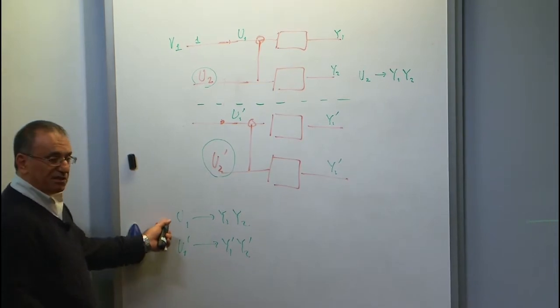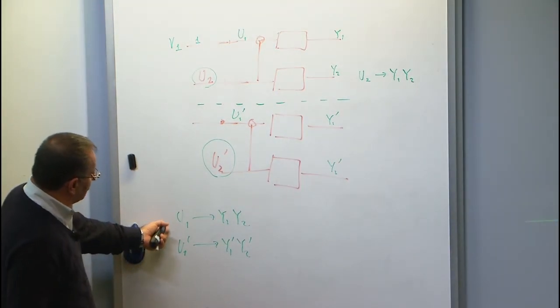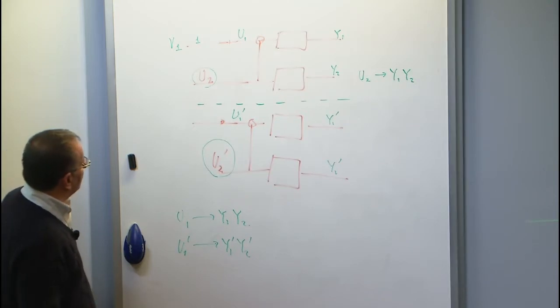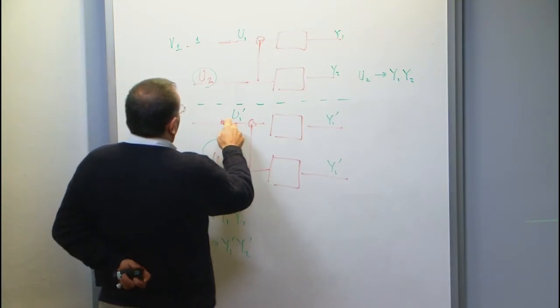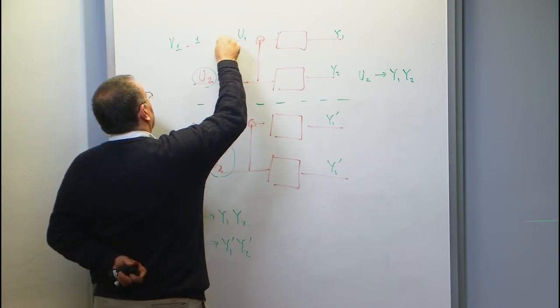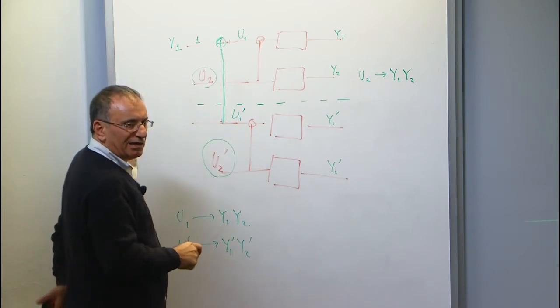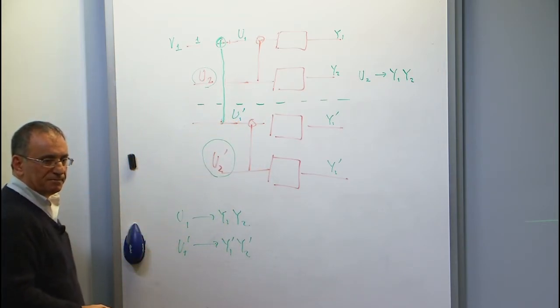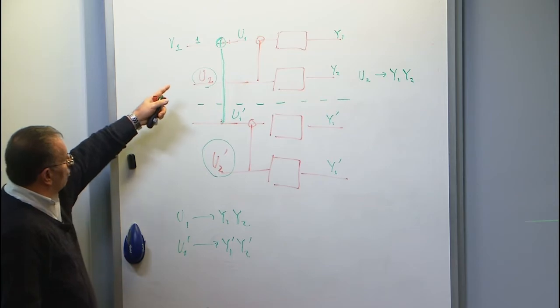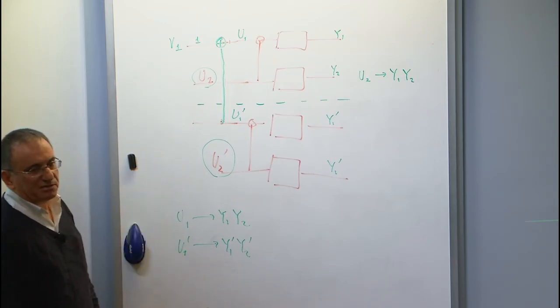I have 2 bit channels, so I want to play the same game on these channels. How do I do it? I take the input of this one and combine it like this. I'm not doing anything else. Can I disentangle these things in the same way I have been doing it?